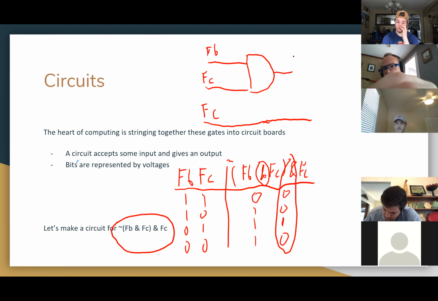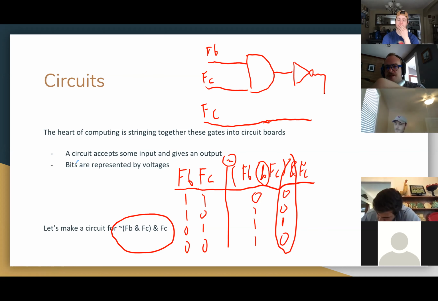We create a wire and then a NOT gate to represent the functioning of this negation. And then that negation is attached to the conjunction, so another AND gate.